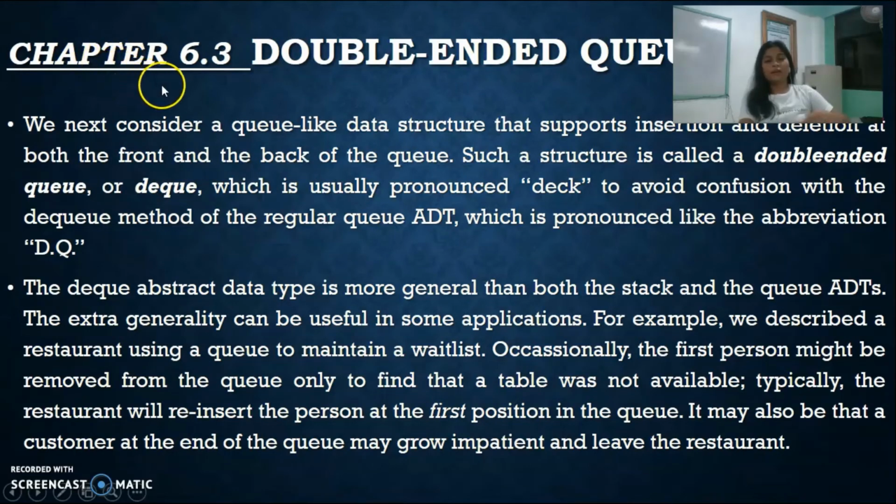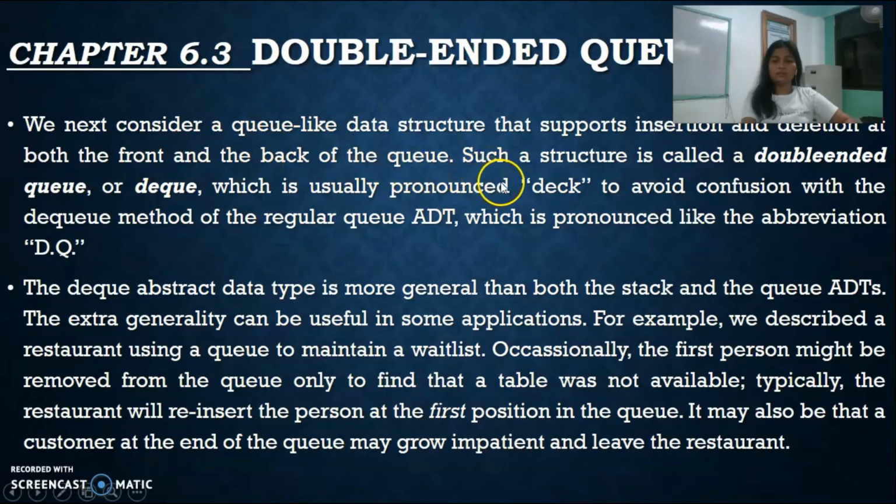And this is our last, chapter 6.3, double-ended queues, or deques. We next consider a queue-like data structure that supports insertion and deletion at both the front and the back of the queue.